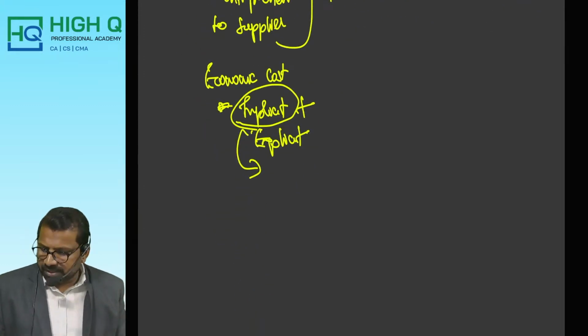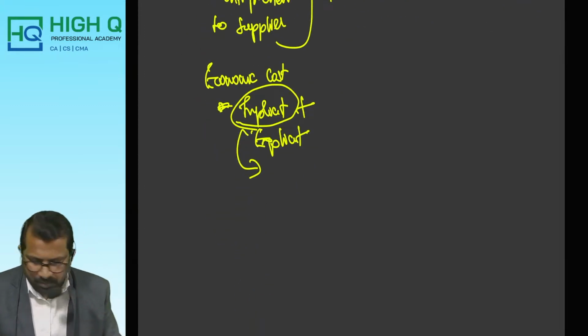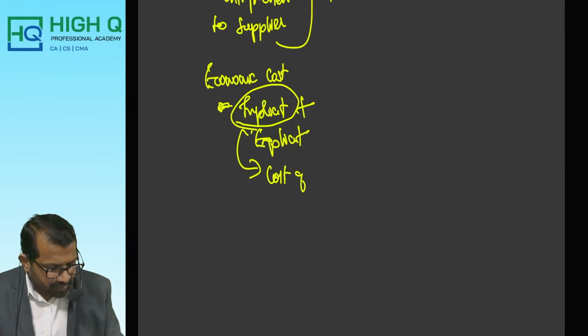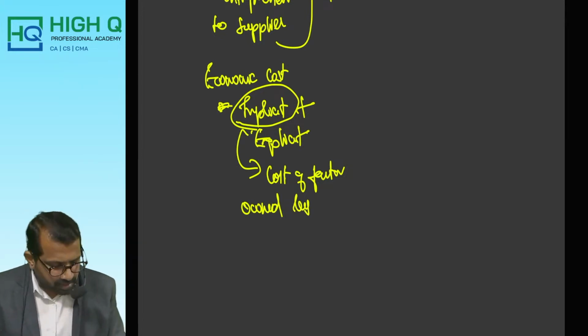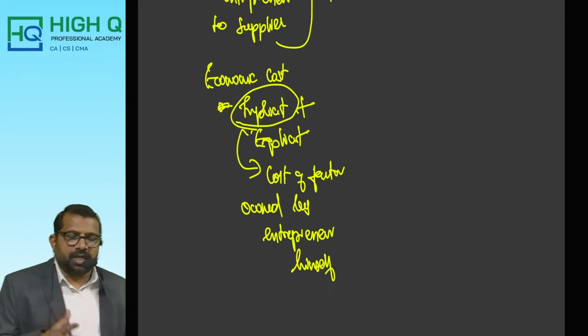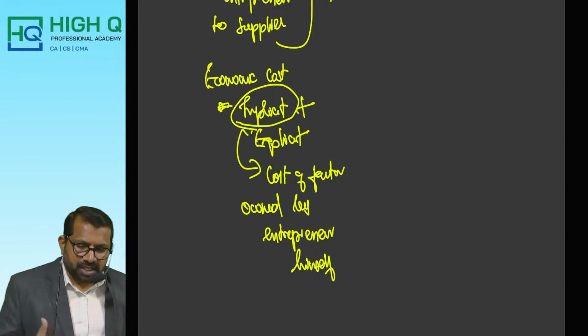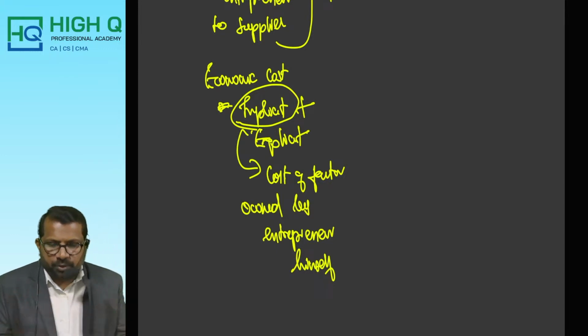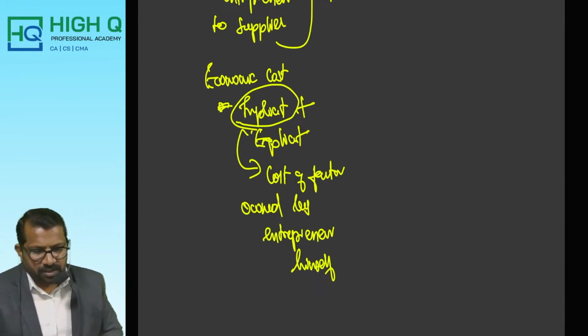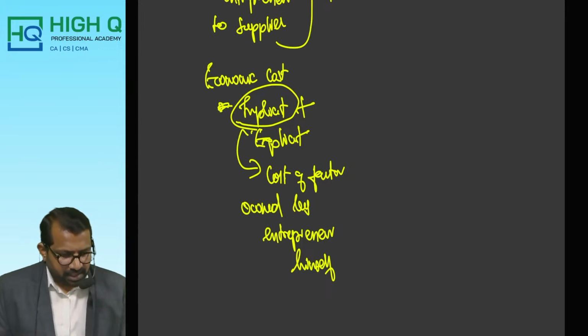Implicit cost means the cost of factors owned by the entrepreneur himself. So he need not depend on others. Whatever factors are available with him, where he is ready to incur some amount of cost for the organization, is called implicit cost.